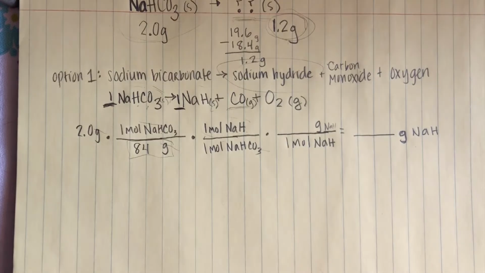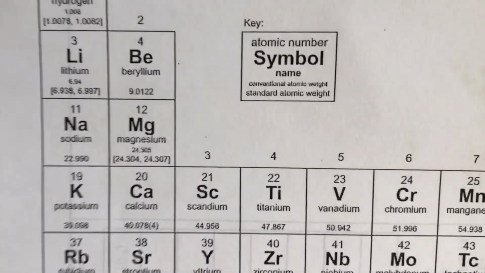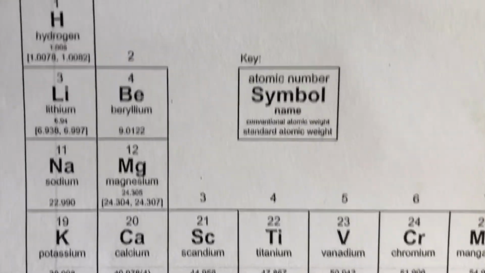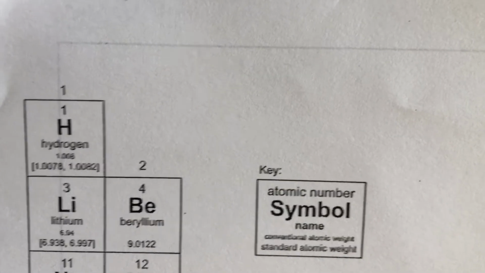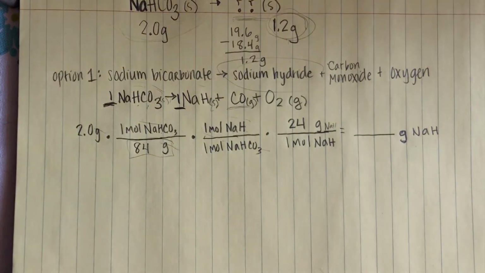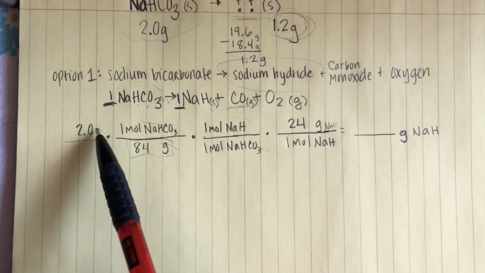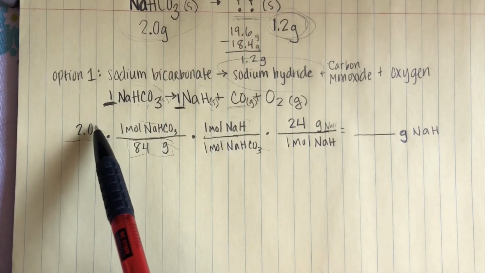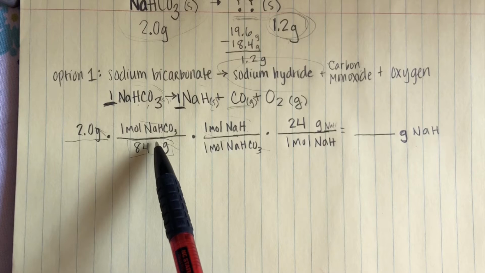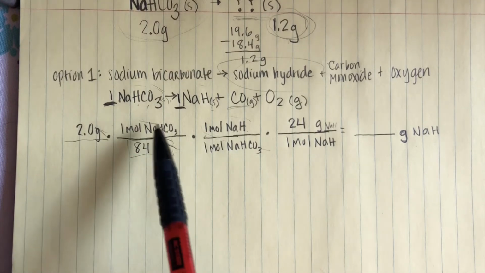Back to the periodic table. Anybody remember the mass of 1 mole of sodium? 23. The mass of 1 mole of hydrogen, approximately 1. 23 plus 1 is 24 grams. Now we multiply through, and notice that the units we don't need are going to cancel out. Grams of sodium bicarbonate cancel out.